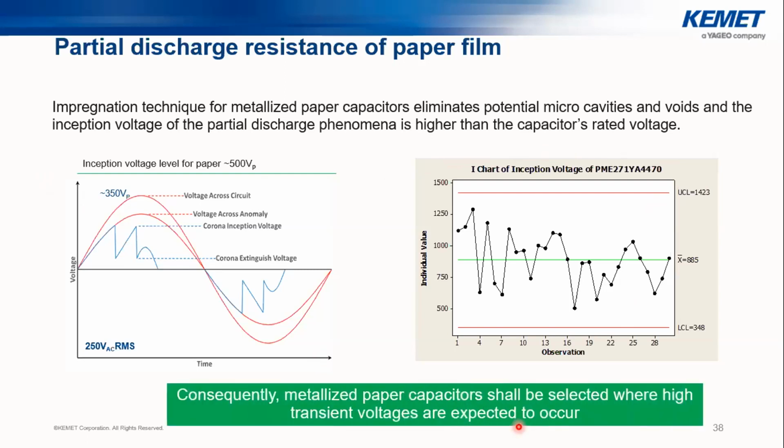So specifically, when it comes to applications that have quite high transient voltages, we really suggest that you go for the paper metallized film capacitors, which have a high resistivity toward partial discharge and high reliability.